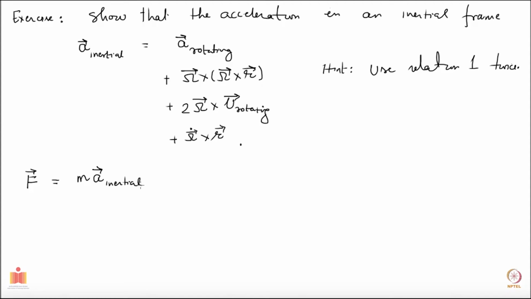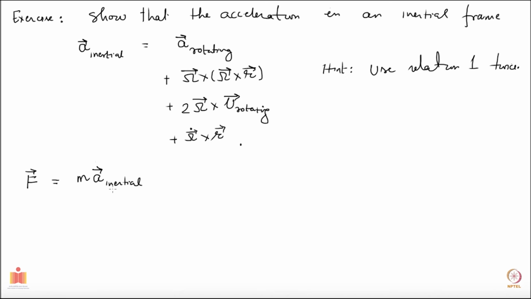And to this F you will be able to associate some physical origins, like you will be able to say that it is being pulled by Earth, or it is being pushed around by some electromagnetic forces. You'll always have a physical origin to F.